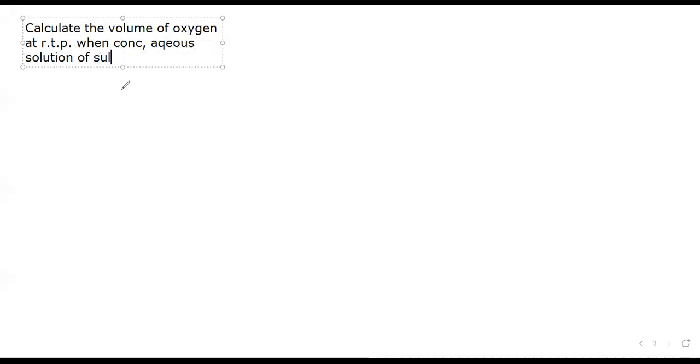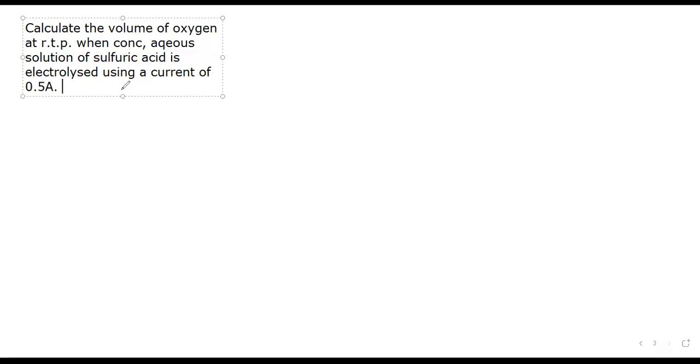Okay, let's say we calculate the volume of oxygen at RTP when concentrated aqueous solution of sulfuric acid is electrolyzed using a current of 0.5 amperes.